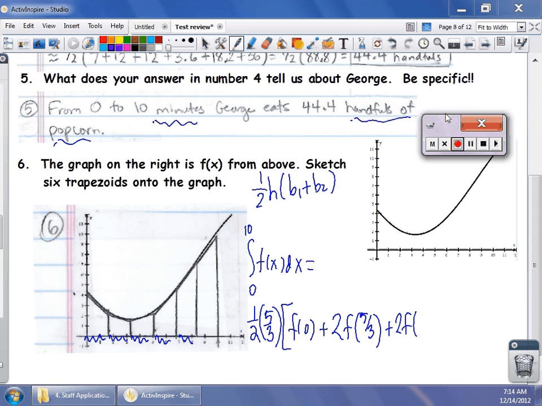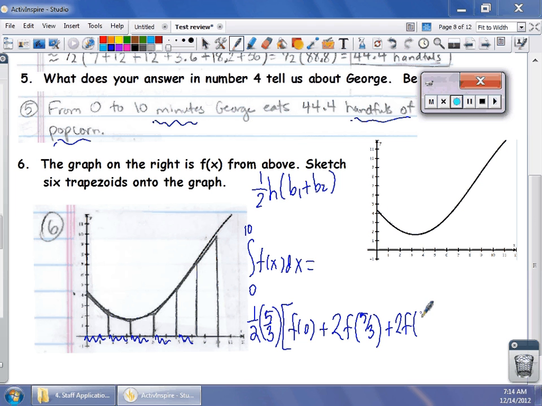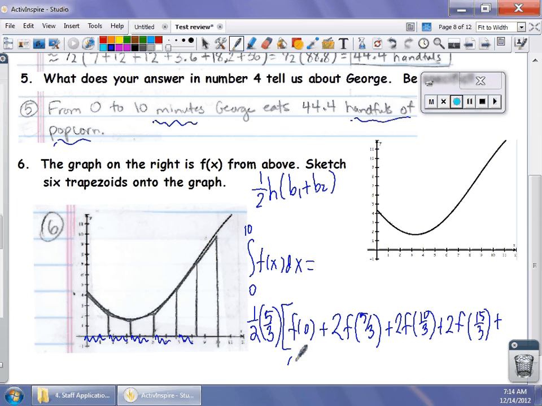So 5/3 plus 5/3 gives me 10/3, plus 2 times f of 15/3, which of course I can write as 5, plus 2 times f of 20/3, plus 2 times f of 25/3, plus, no, we're down to the last endpoint, so it's used only once.